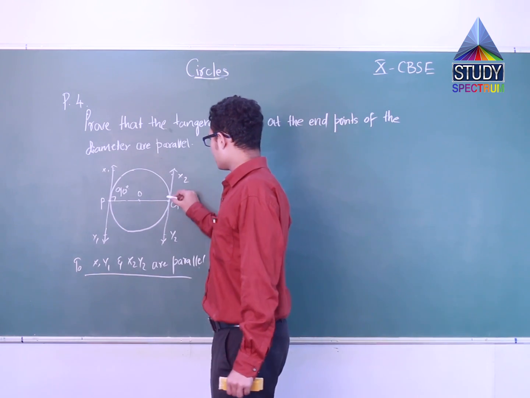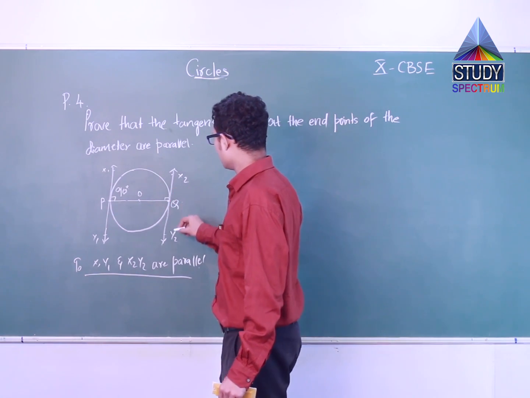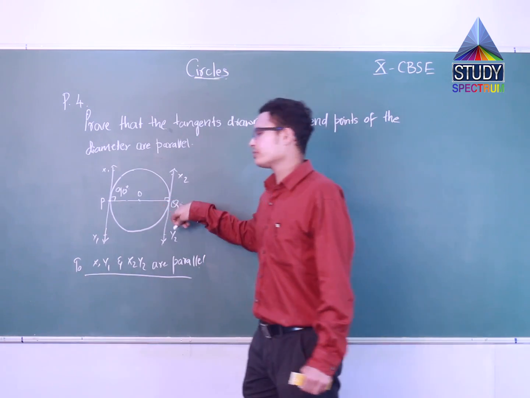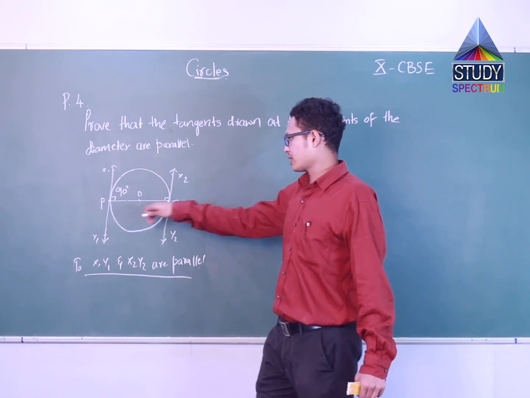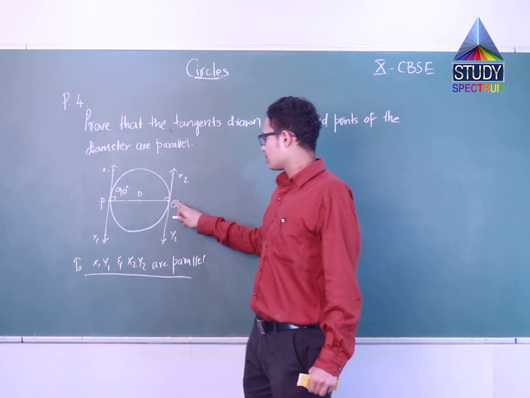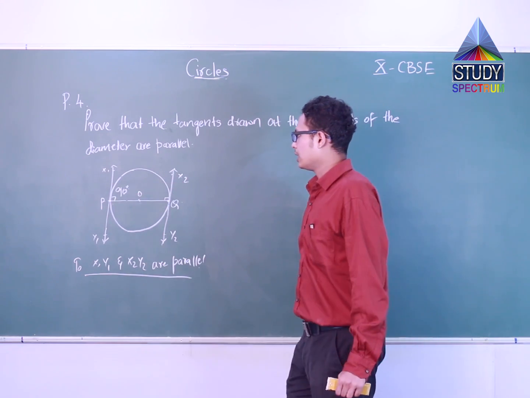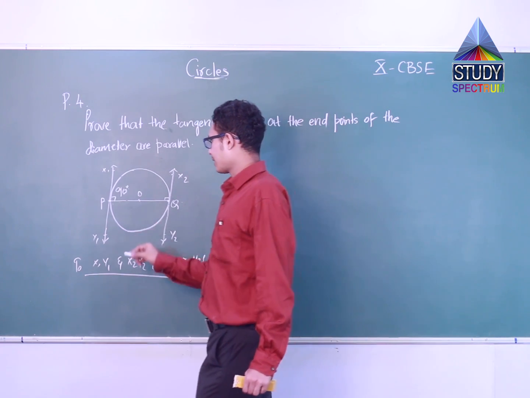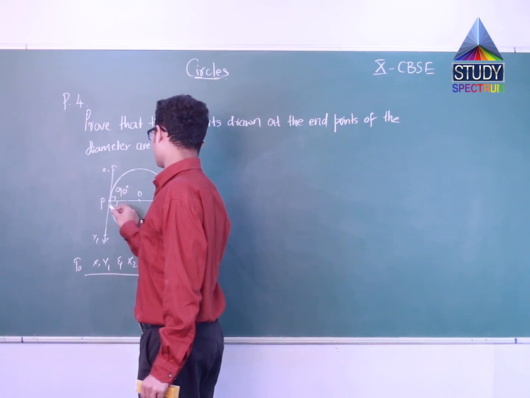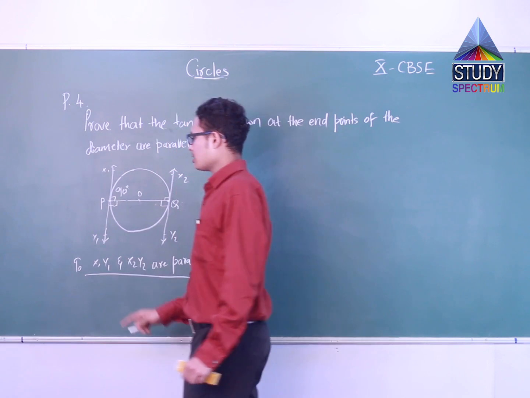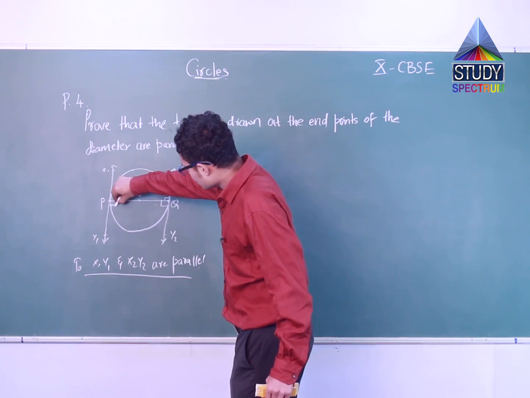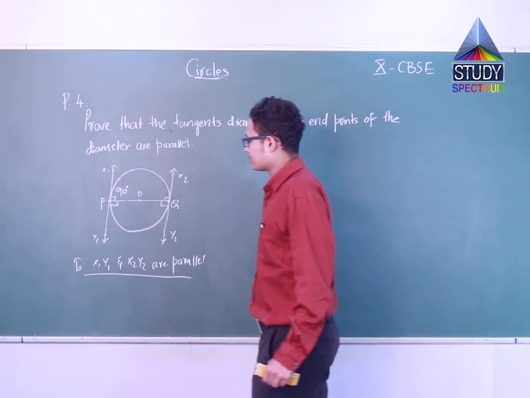And this angle is also 90 degrees. This Q is a point of contact. Here also you will have PQX2 as 90 degrees. Based on the same concept, you will have this angle as well as this angle as right angles.